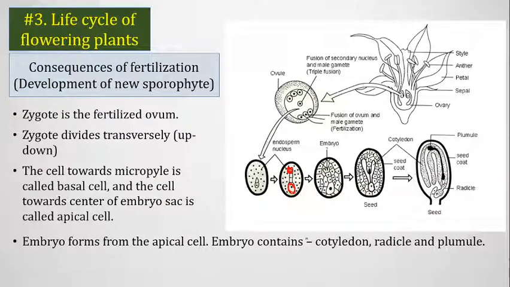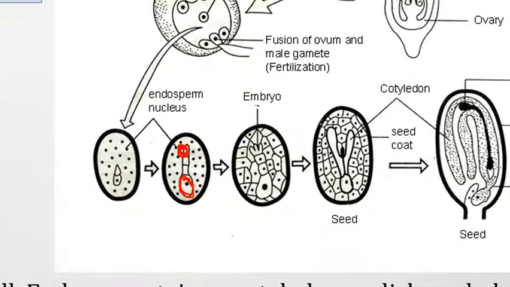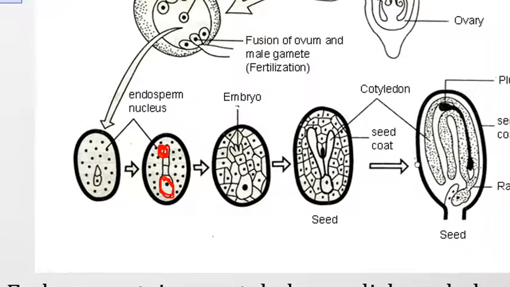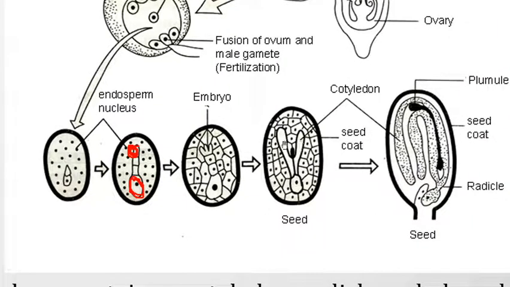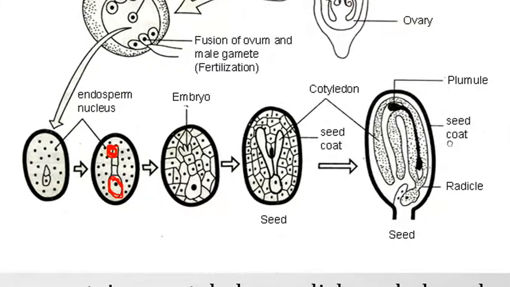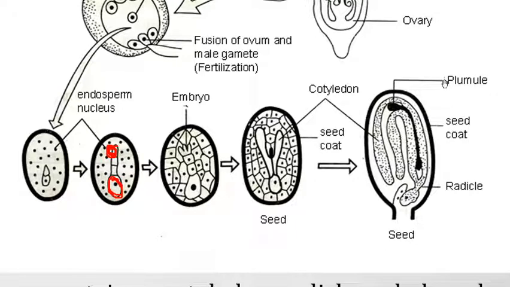We see that the embryo develops into three parts: cotyledon, radicle, and plumule. When the embryo differentiates into different parts, two cotyledons, or leaf-like parts, emerge inside the ovule, and then we also see a part called the plumule, which will produce the stem when the seed germinates.